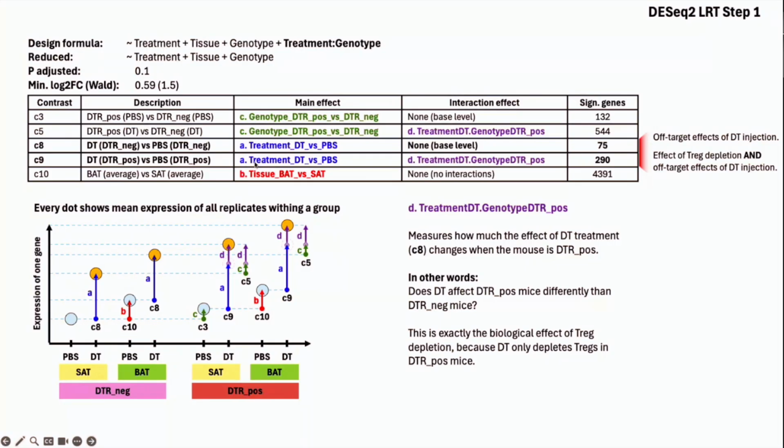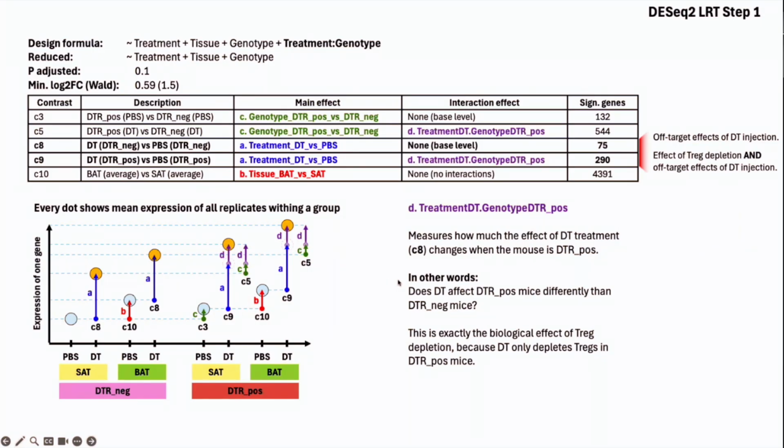But this comparison includes both the effect of Treg depletion, because we injected DTR positive samples, plus the off-target effect of DT injection. If you look at these main effects and interaction effect, we see that to estimate this contrast, C9, DESeq sums up the changes caused by the main effect plus this interaction effect, which is exactly what we are interested in, because this is the effect of the Treg depletion.